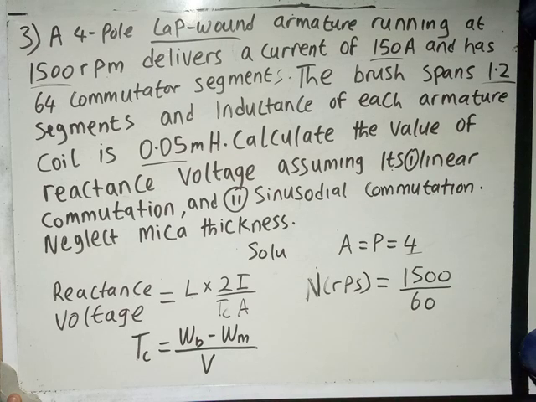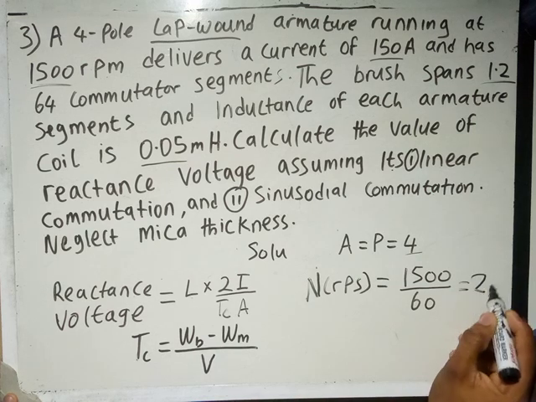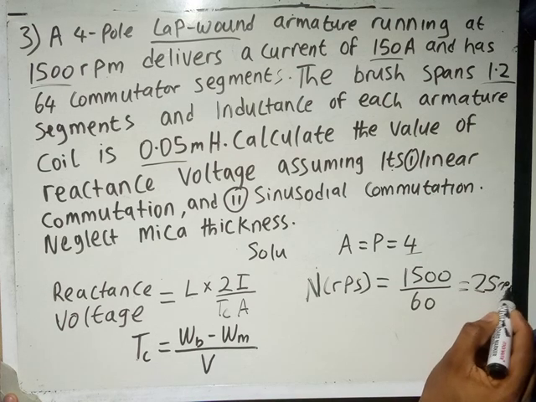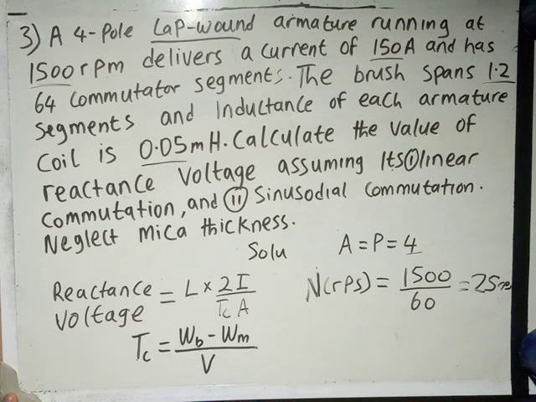Doing this with a calculator, we have our answer is 25 revolutions per second. Now for us to get our answer in segments per second, we'll be multiplying this 25 by the total number of segments, which is 64.